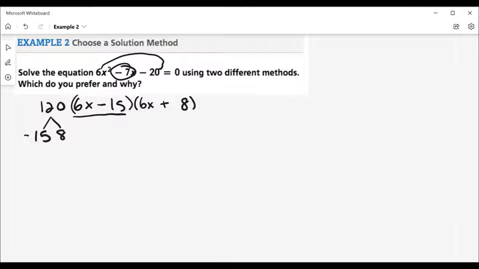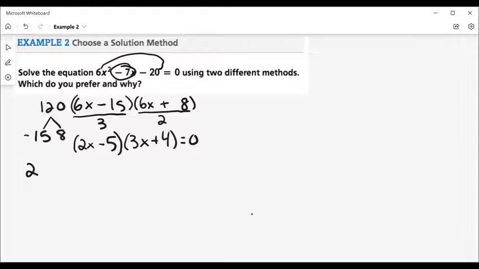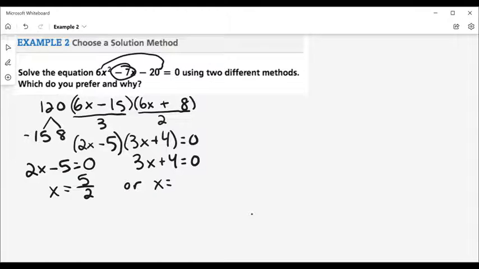Now I need to divide that away, and I'm going to do this one by 3 and this one by 2. So that simplifies to 2x minus 5 times 3x plus 4 equals 0. And then when I set each one separately equal to 0, I get x equals 5 halves, or x equals negative 4 thirds.